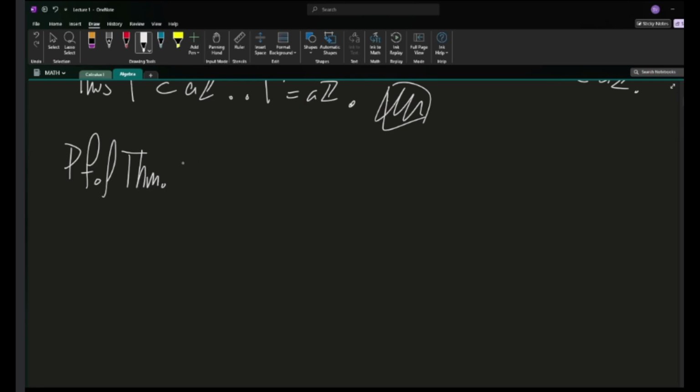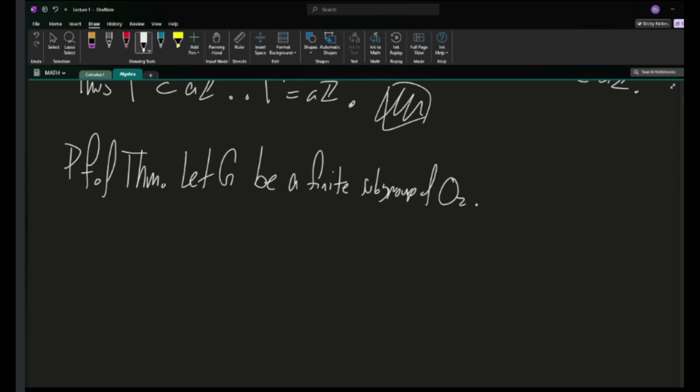So let's state our assumption. Let G be a finite subgroup of O2. And then we're dealing with cases.